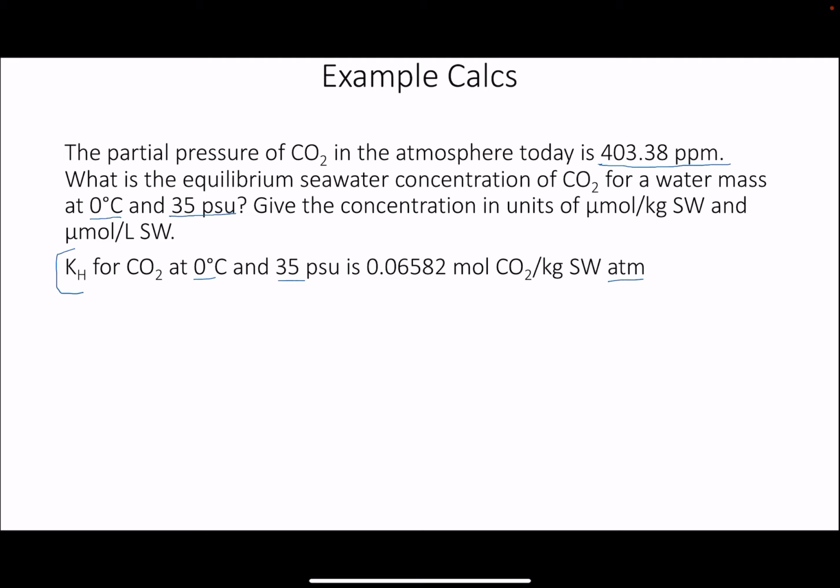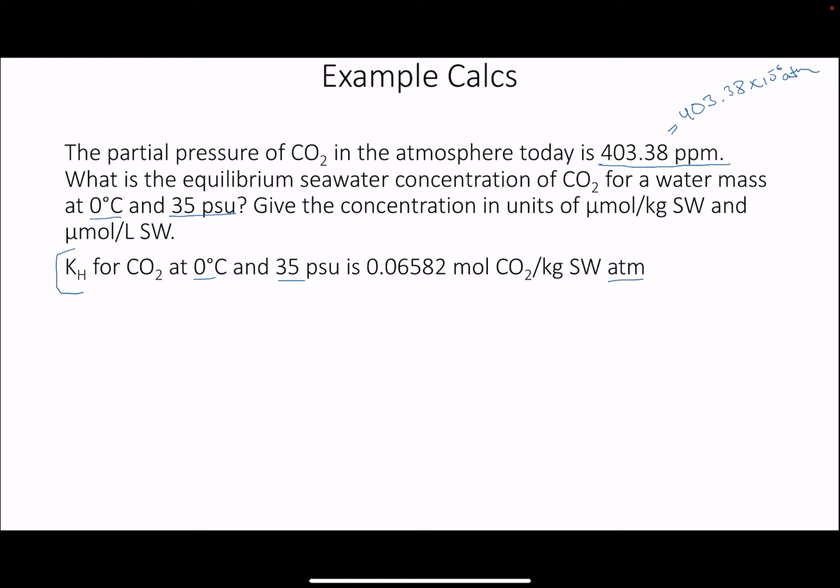Okay, so the first issue is that your partial pressure is given in ppm, and your Henry's law constant uses gas concentrations in atmospheres. So you need to go back to that slide where I showed you how to interconvert between different units. Doing that, you would see that this partial pressure is actually equal to 403.38 times 10 to the minus 6 atmospheres.